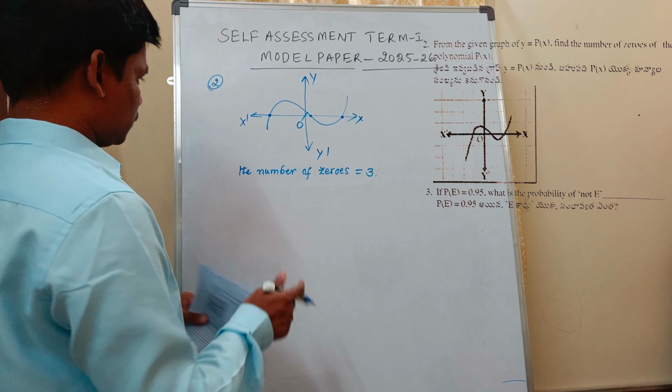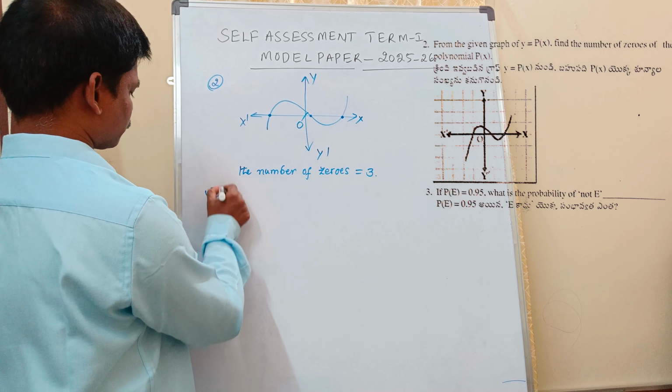Next, the third one. What is given: if p of E is equal to 0.95, what is the probability of not E? We know that for complementary events the sum of probabilities is equal to 1.